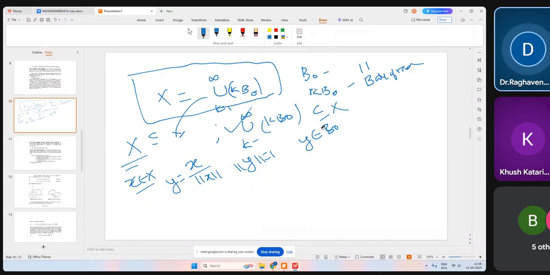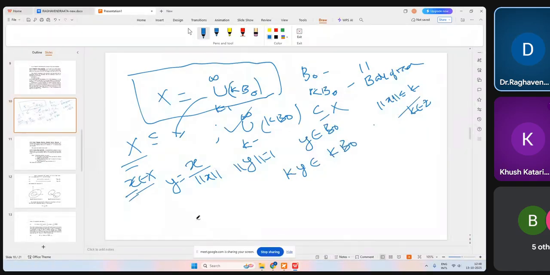Now this norm x is a finite thing, therefore norm x will be less than or equal to some integer K. So K times y is an element of K times B0.